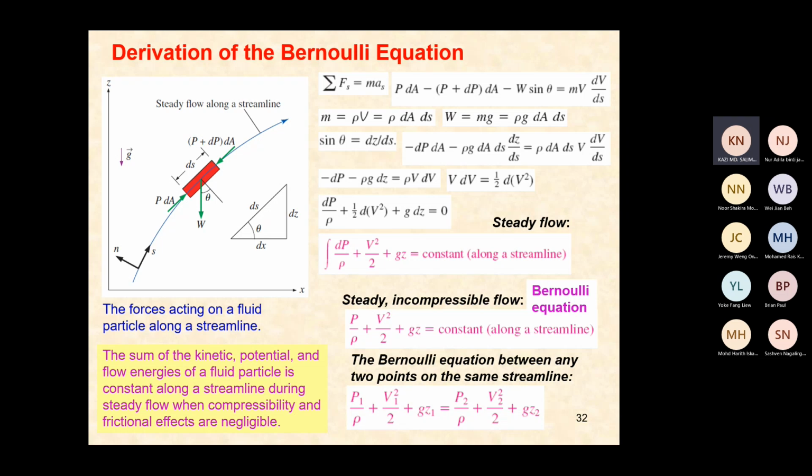So if we do the summation of forces on the object along the streamline of the fluid stream, that package of fluid, then it can be written Fs is equal to m into As.